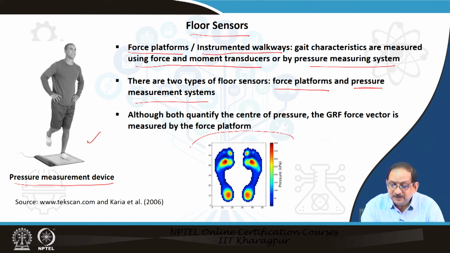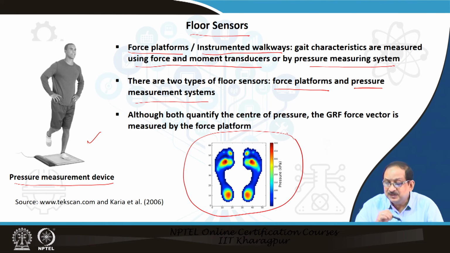This figure on the right is an example of the pressure measurement system. It gives us a distribution of foot pressure, as you can see, a quantitative measurement of foot pressure across the foot when it is coming in contact with the ground.